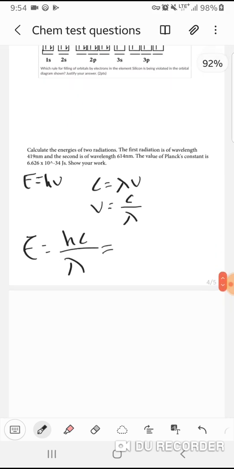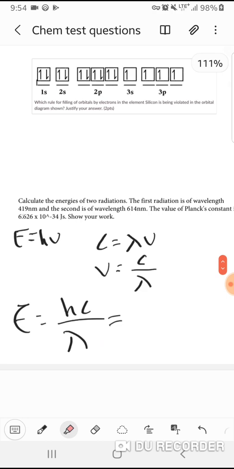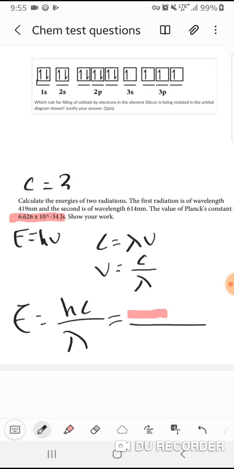Planck's constant is h. So h times c, where c equals 3 times 10 to the 8th power meters per second.